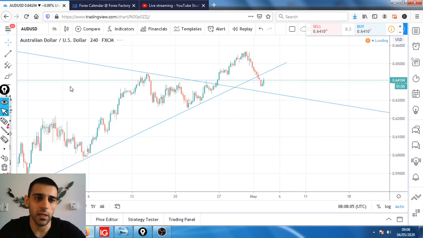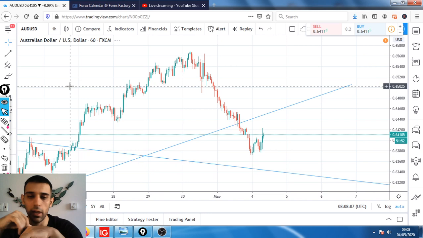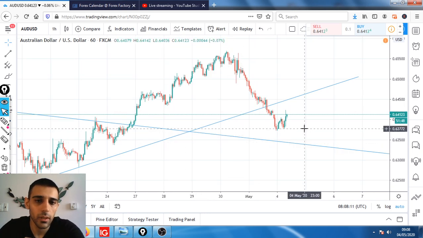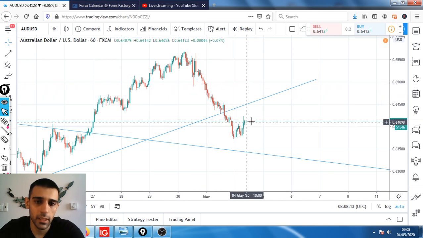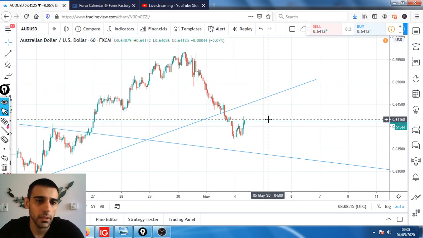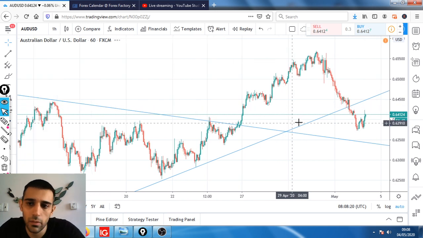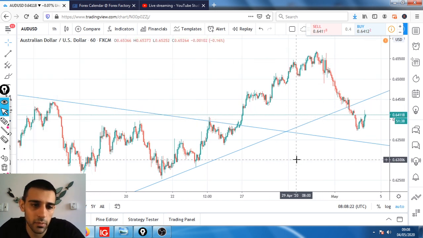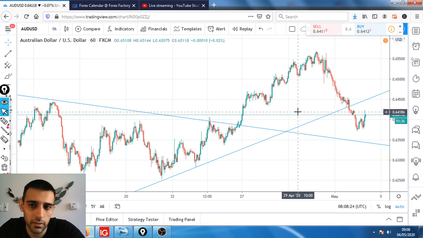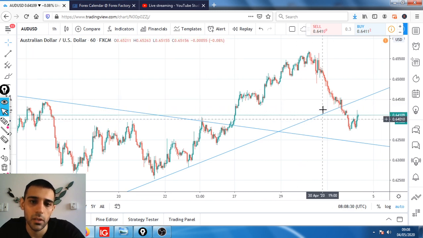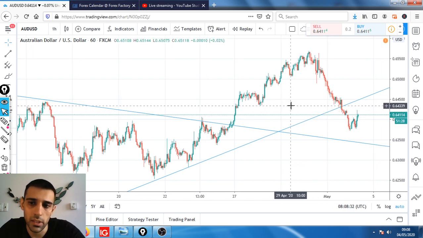Let's go to the 1-hour time frame and see what we have. The price is pushing a bit up now. We want to anticipate where the price might stop and potentially start going towards the downside.